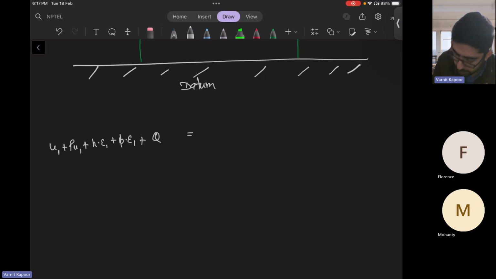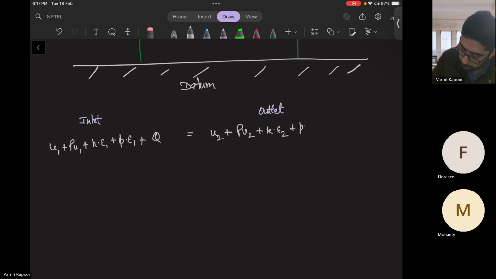Now what is the energy at the outlet? So this is inlet and this is outlet. Same: internal energy at outlet, flow work at outlet, kinetic energy at outlet, potential energy at outlet, plus work, whatever work you have received from the system.